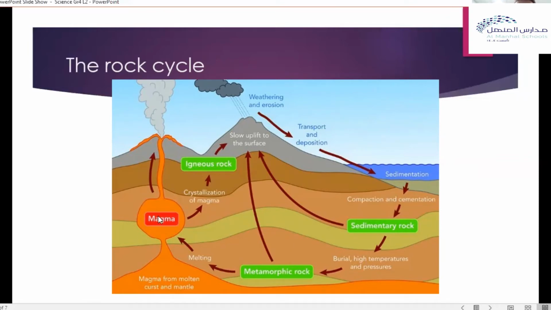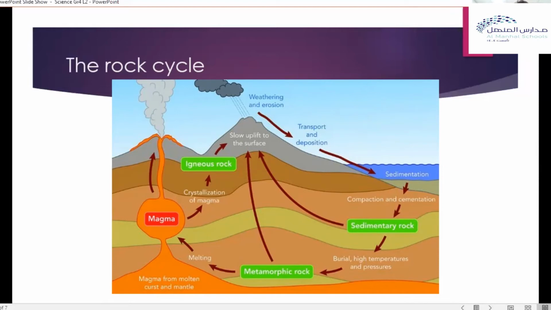Magma is below the Earth's surface, below the crust, and it comes from the mantle. The mantle is melted and pushes up the rock, where it explodes out of a volcano's mouth. That is called igneous rock.